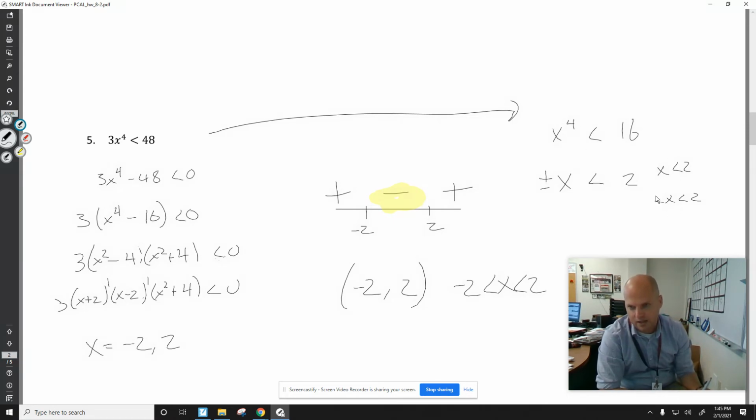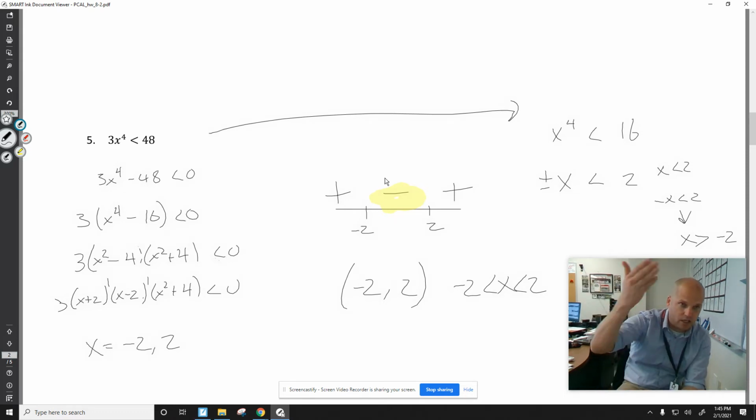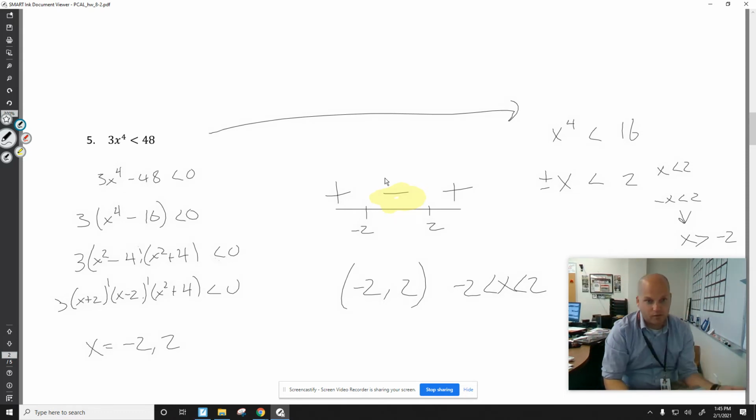When I divide this by negative 1, you remember from Algebra 1 days? You flip the sign, and we see x is bigger than negative 2 and x is less than 2. That gives me this. That gives me that. I don't know. Are you going to do that correctly? Maybe. I didn't do this correctly, so who knows. But pick your way that you like and do it correctly.